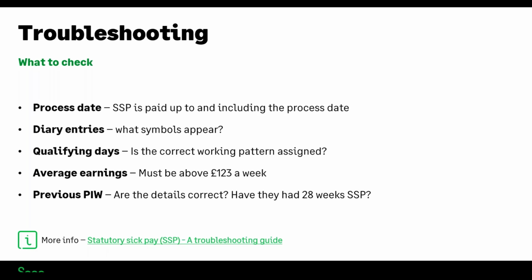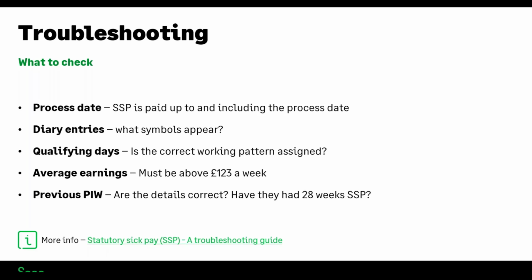And just a reminder of the waiting days as well. This could mean that the statutory sick pay is showing 3 days less sick pay than you're expecting, and these will show as X's on the absence diary. And next is qualifying days. If the SSP payable amount looks different to what you're expecting, but the dates are all correct, it could be that the wrong working pattern is assigned to the employee.